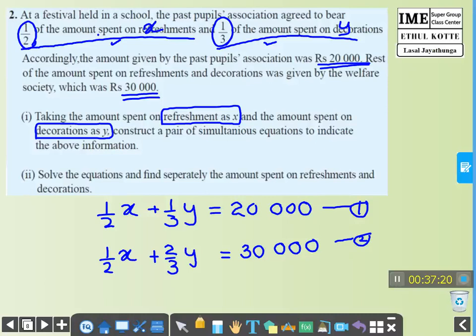When 1/3 is given, what is the balance? Balance is 2/3. So 2/3 of y was given by the welfare society. Right. So these two are the equations. First part done. Then the simplification section, the second one I will again leave for you.